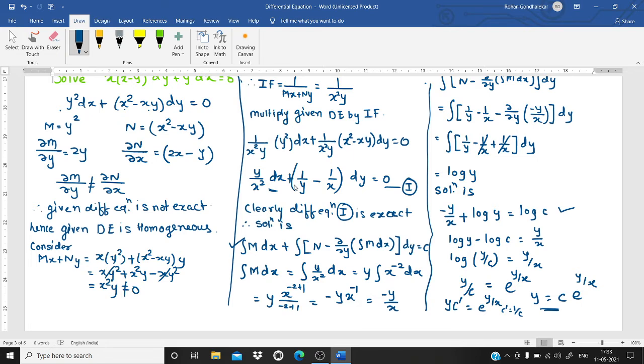But if in examination you have to solve some MCQ type of questions, and in your options they provide y is equal to c into e raised to y upon x and so on, then in such cases you need to simplify your answer. Then only you can reach the correct option. So you must remember this.